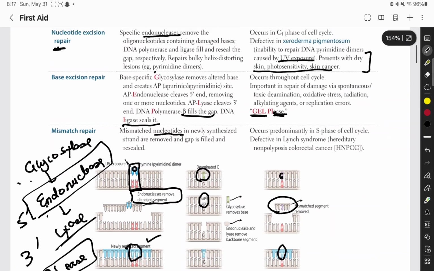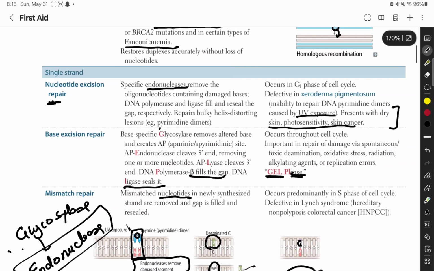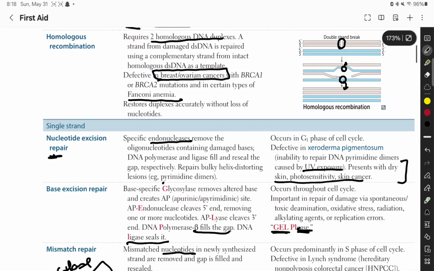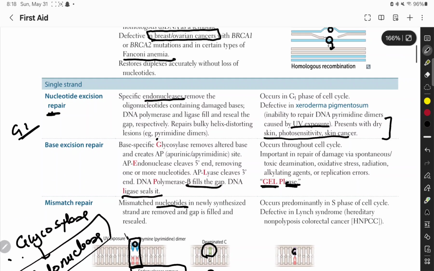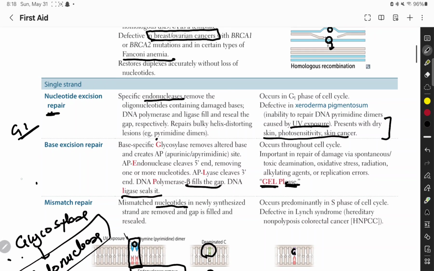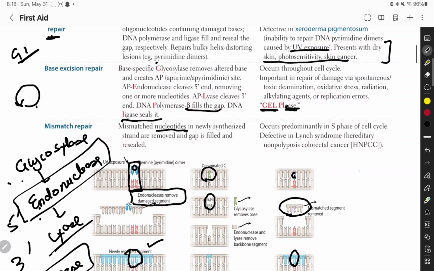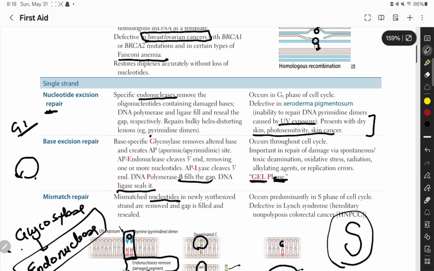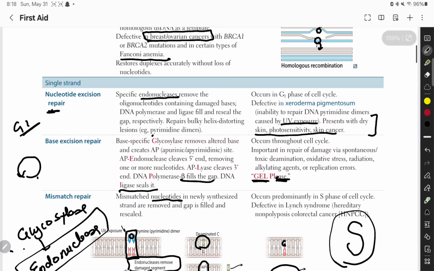Base excision repair occurs throughout the cell cycle, whereas nucleotide excision repair occurs in the G1 phase of the cell cycle. So G1 is nucleotide excision, and throughout the cell cycle there is base excision. I have drawn this to show the entire cell cycle, and mismatch repair is particularly during the S phase. Here's how it makes sense. Think of the G1 phase as where you excise the nucleotide and repair it.